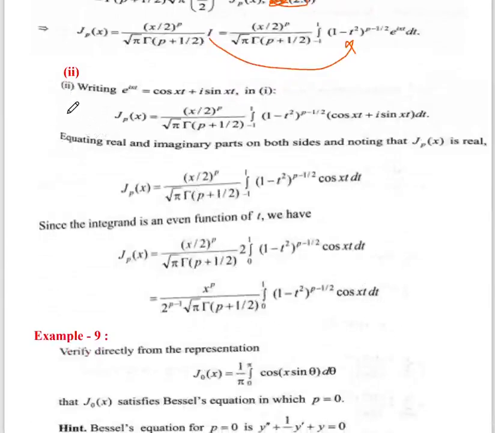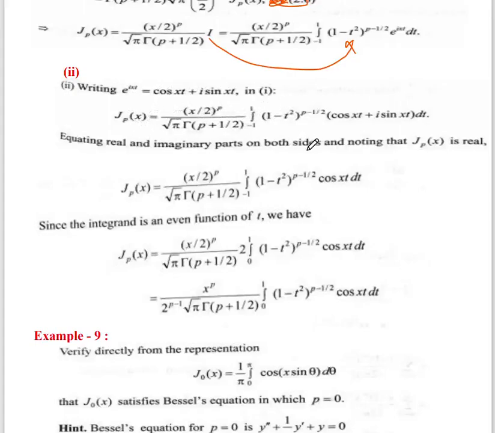The second part of this problem we can easily prove by using only the formula e raised to power ixt, which means cos xt plus I sin xt. We will put e raised to power ixt in equation number 1.